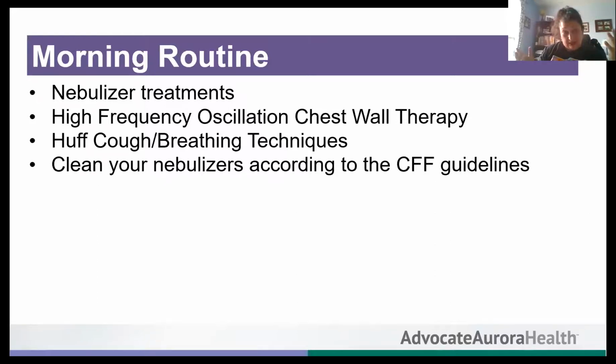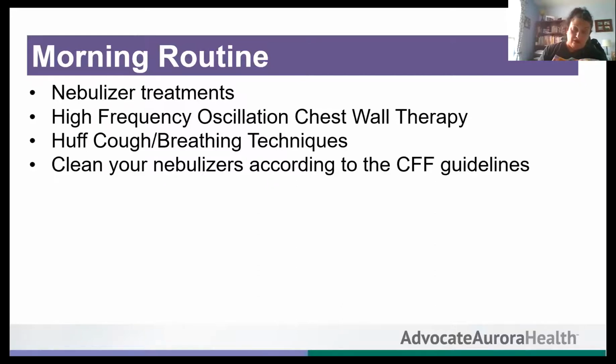So kind of like doing two therapies in one. And this will help with some time management. And we want to make sure that we're still doing our huff coughing, which we can do during our airway clearance and after.